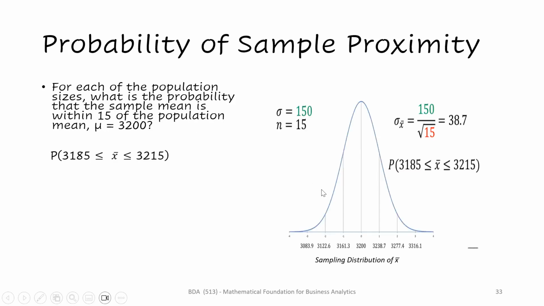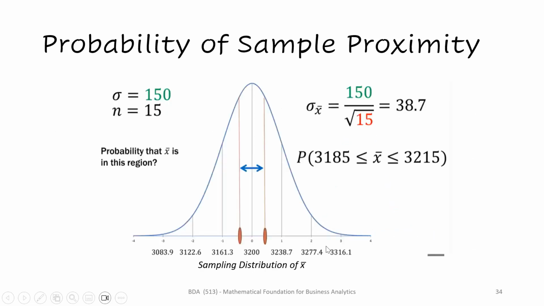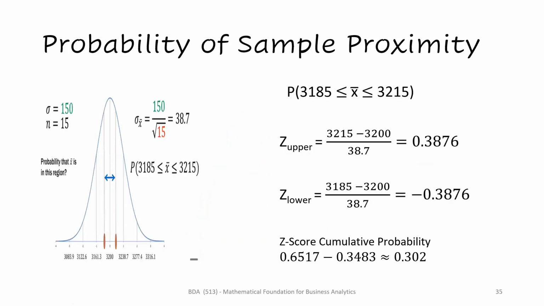Basically, we want to find the probability that the value is between 3,185 and 3,215. So we want to calculate this. Okay, so let's see how we go about that.